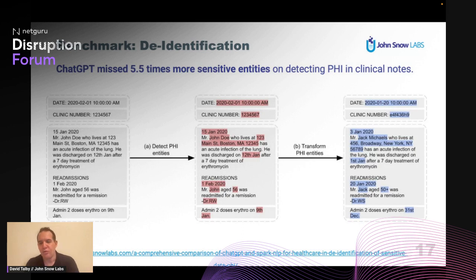First you find them, and then you want to either mask, obfuscate, or generalize them. You can see in the top line the final result: ChatGPT missed 5.5 times more sensitive entities when detecting PHI entities than the current models that we use.